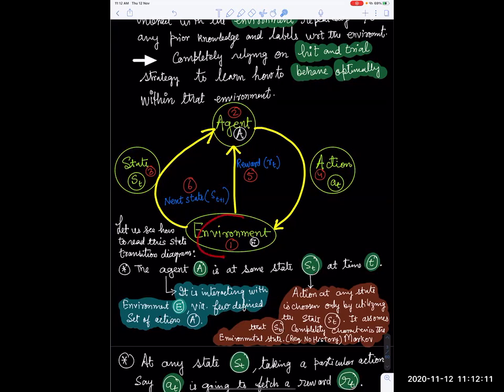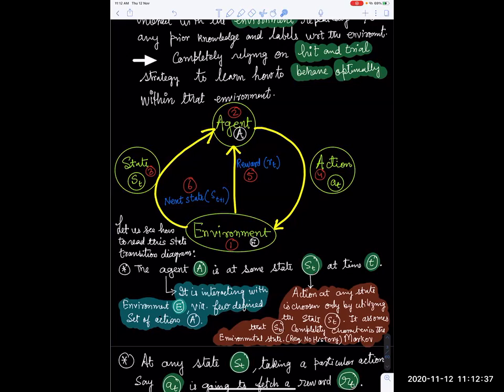The environment has given this agent the state, it has taken an action, and the environment understands that this action has been taken, and depending upon this action, we are going to get a reward. That is going to be the reward. Along with this reward, the environment is going to give the agent a new state.